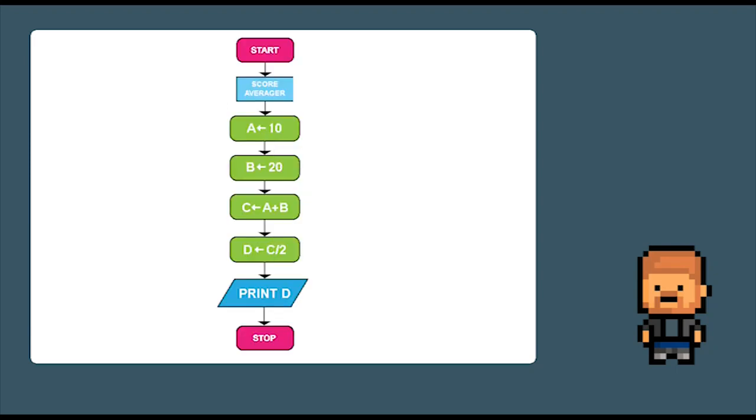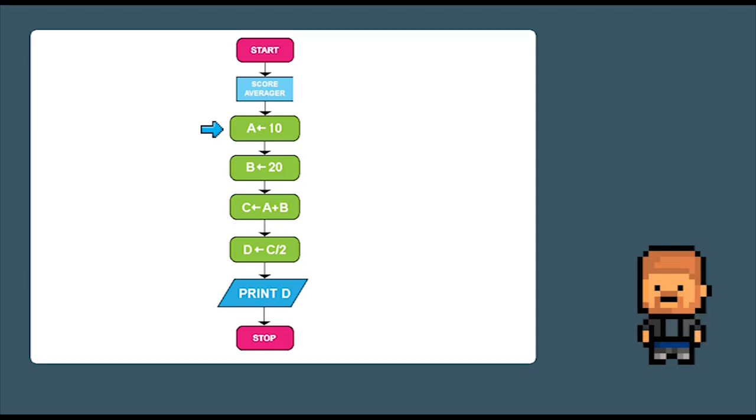Okay, here's an example program written in flowchart form. The syntax is written in pseudocode, which is similar to most high-level computer languages, but at the same time doesn't have the exact syntax. The first block, of course, is the start block. The second block is pretty straightforward. It is a comment. A comment is ignored by the program and is used for us humans to read. It helps us remember what something does, and if you're part of a team of programmers, it can help explain it to the other programmers. In the next block, the A variable is assigned the value of 10. This arrow means assignment. If you want to know more about this, check out the pseudocode video.